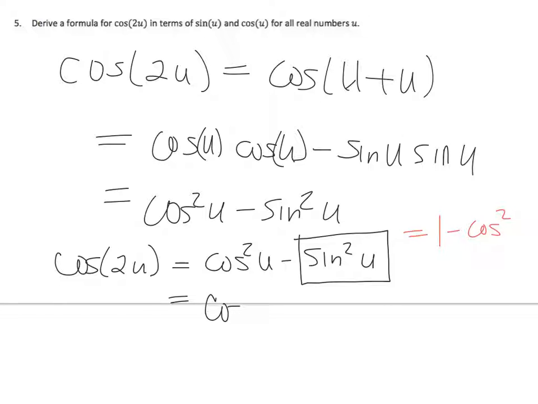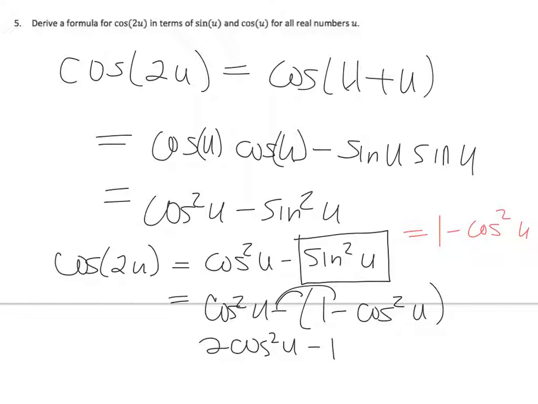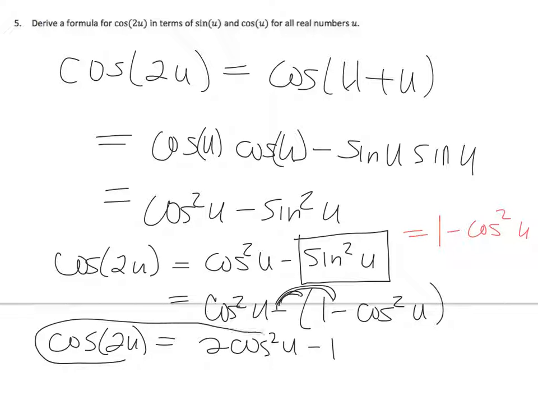So I have cosine squared u minus, 1 minus cosine squared u. I've got two negatives there. So distribute that. It gives me 2 cosine squared u minus 1. So minus 1 plus cosine squared u. Those are fun few extra steps. We have our final formula.